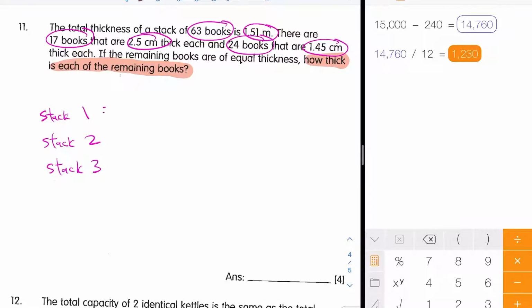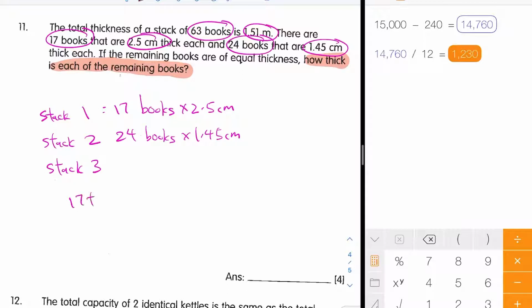For stack 1, we have 17 books. Each is 2.5 cm thick. For stack 2, we have 24 books. Each is 1.45 cm thick. And altogether, we have 63 books.